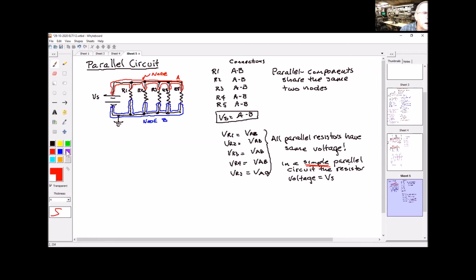So, rules for a parallel circuit. The first rule is resistors share the same two nodes.